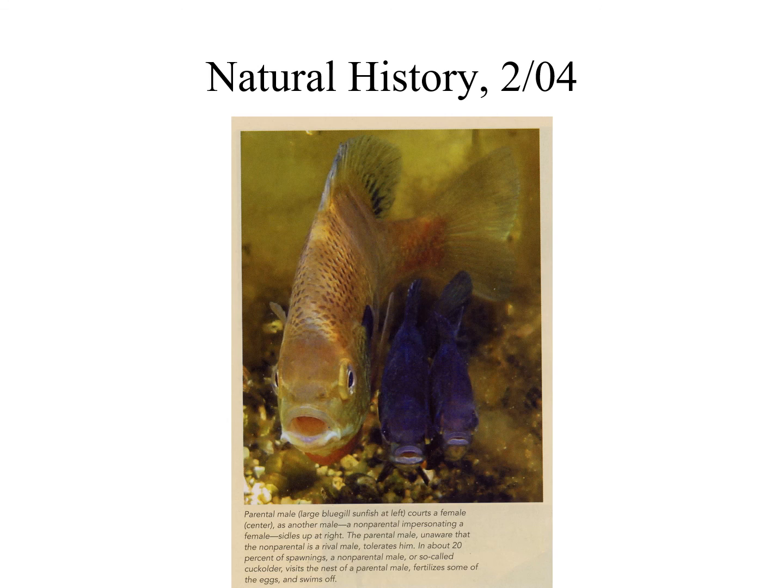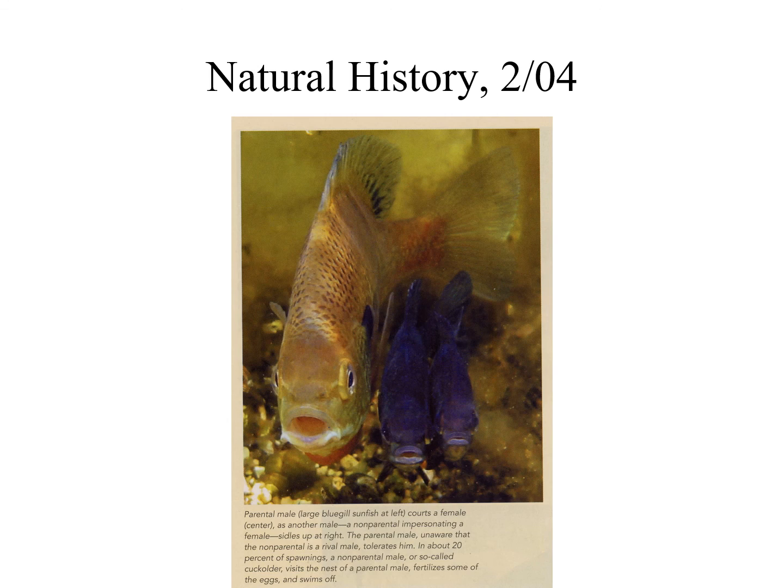satellite. So in this picture from Natural History Magazine, on the left, we have the territorial male, and then in the center, there's a female. But then we have the satellite male. The satellite male looks very convincingly like a female. And this guy, in his little fishy mind, thinks he's got two ladies laying eggs in his nest.